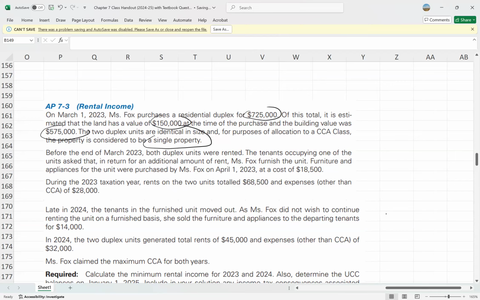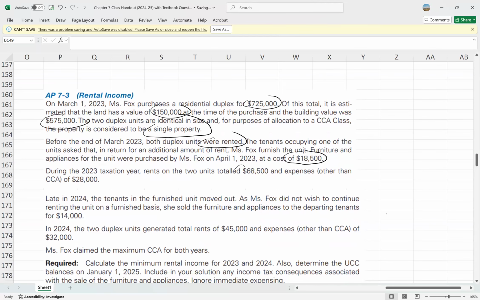So she bought the rental property in 2023, and both units were rented by the end of 2023. One of the tenants asked her to furnish the unit, so she bought some furniture for $18,500. During 2023, the total rents were $68,500, and the expenses before CCA totaled $28,000.